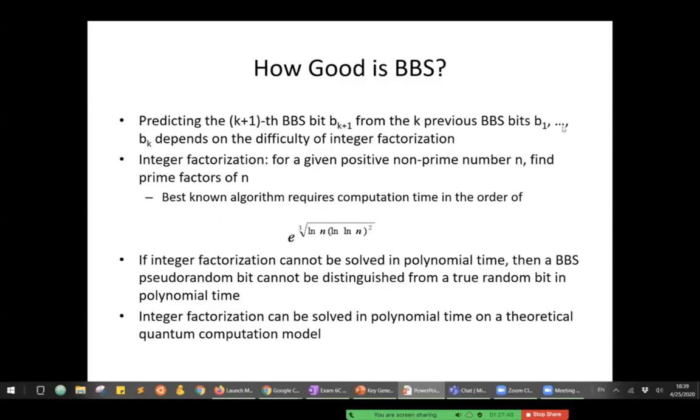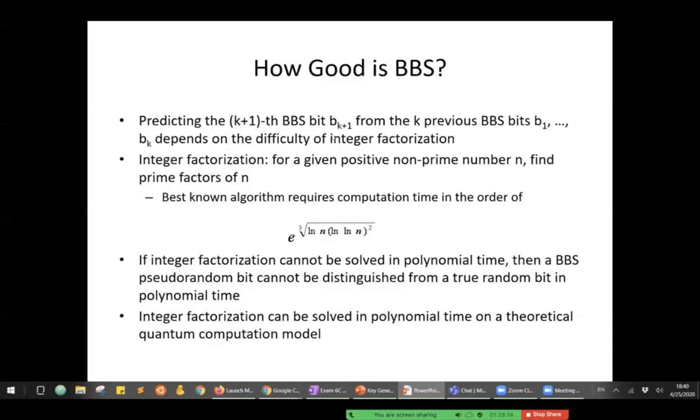Suppose you keep a history of the previous bits you generate, and then based on what you know about b1 up to bk, you want to predict what the next pseudo-random bit is. That's b sub k plus 1. And predicting the correct bit is hard if integer factorization is difficult.